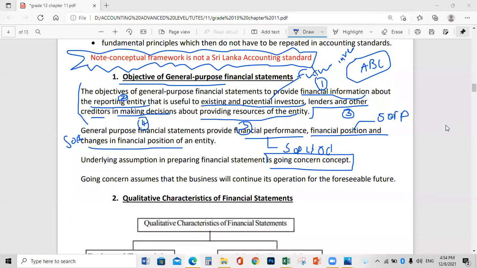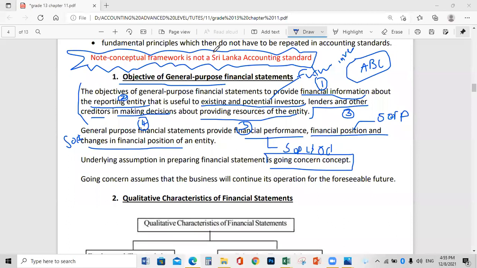That means when you prepare financial statements, we always assume that the business will go on for an unlimited time. Now guys, whenever you start a business, you don't start thinking that you will go bankrupt tomorrow, right? I will close down my business tomorrow. You never start like that, right? You always start a business thinking that you will go on forever. You will be doing the business forever.